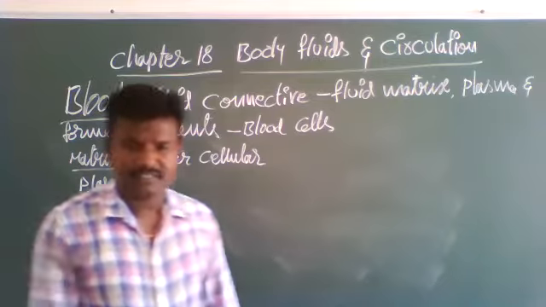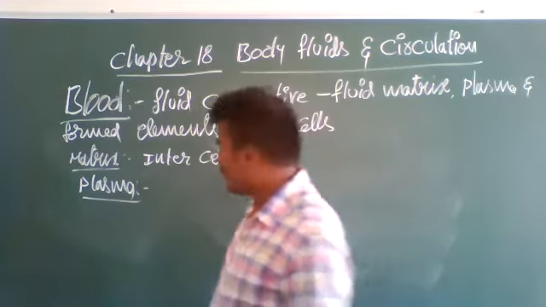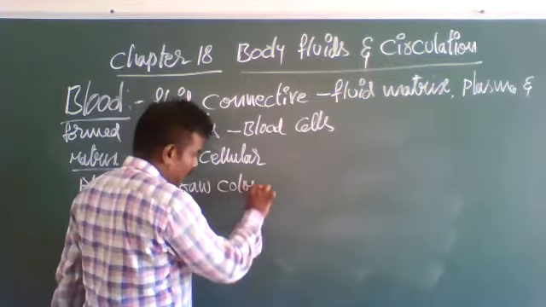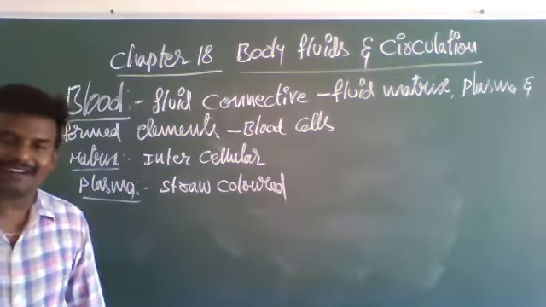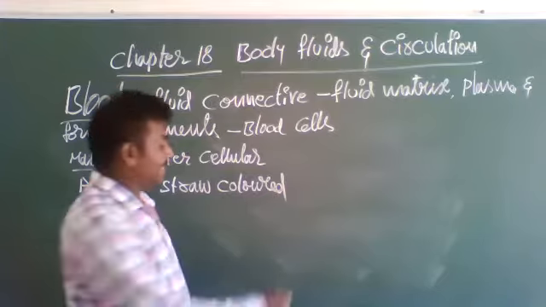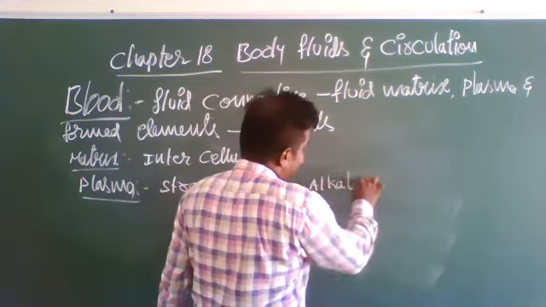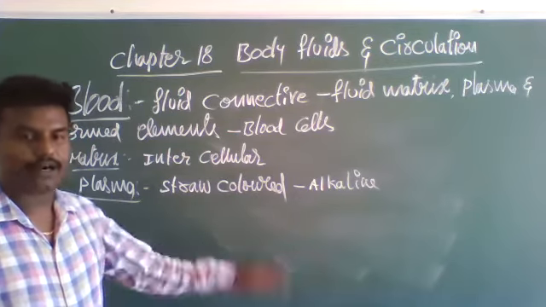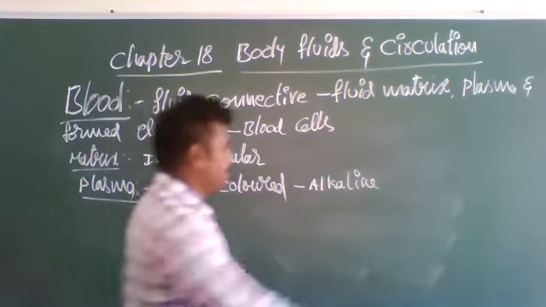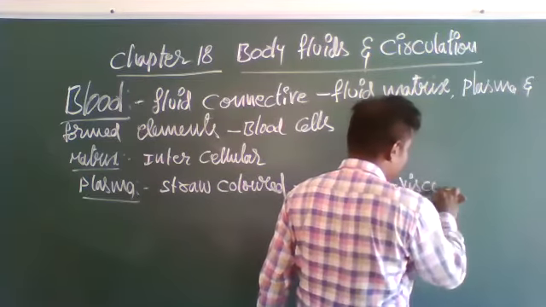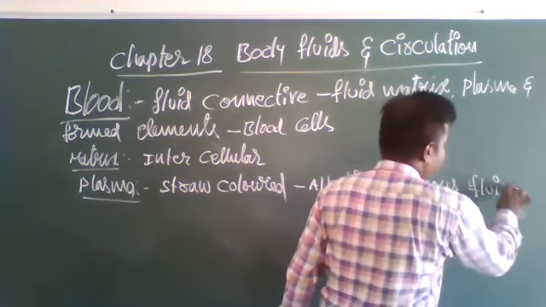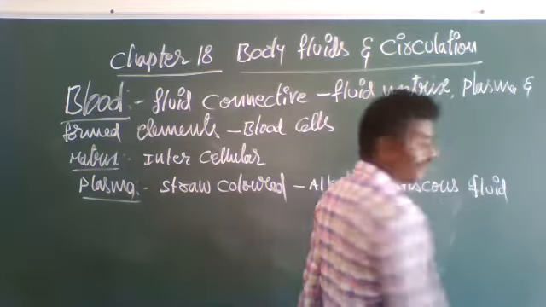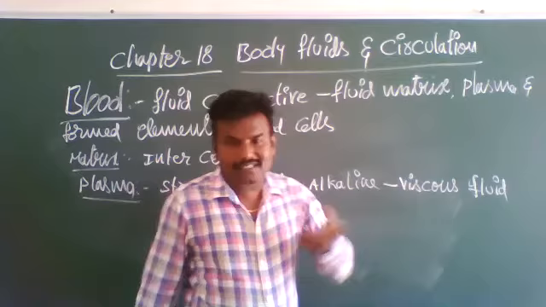So blood contains plasma. Plasma is a straw-colored fluid, slightly alkaline in nature, and it is a viscous, thick fluid.